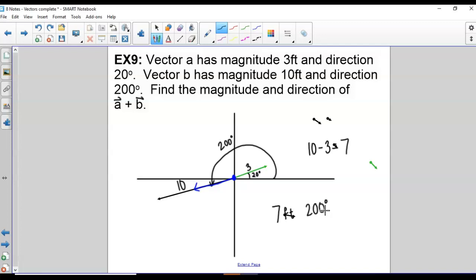So if you ever have vectors that are just opposite of each other, you're just going to subtract them. If you ever have, we didn't have any of these, but if you ever have vectors that go in the same direction, you can kind of just draw them like they're one on the other end. You don't make a triangle, so you just add them together if they're in the same direction.